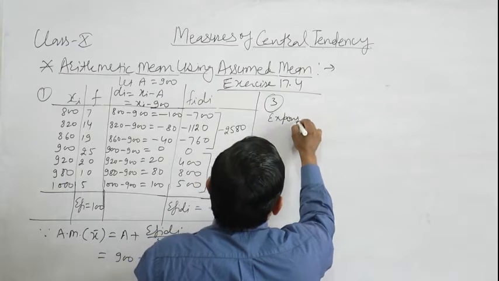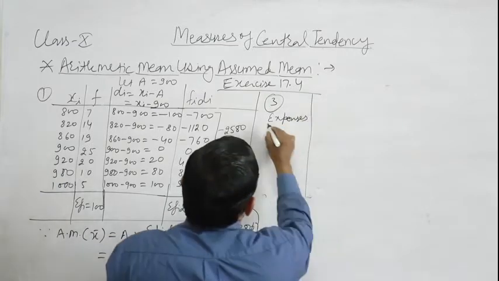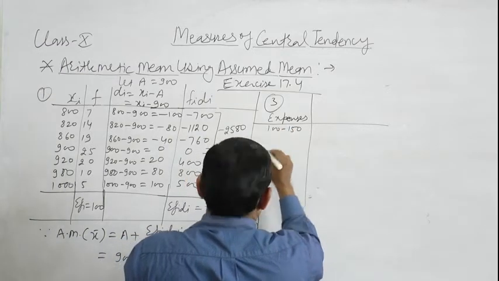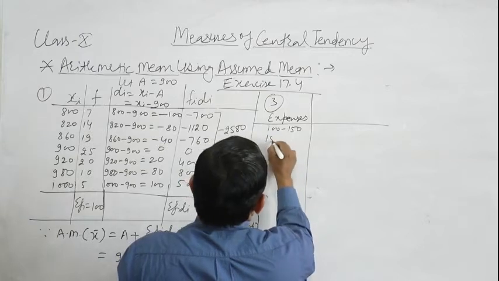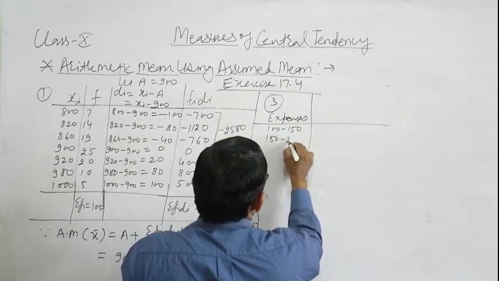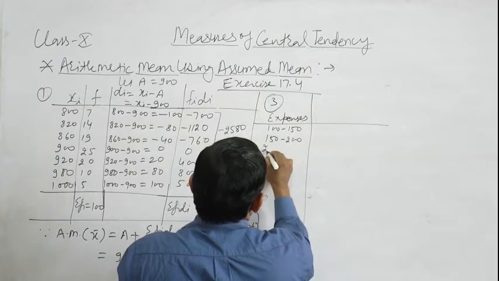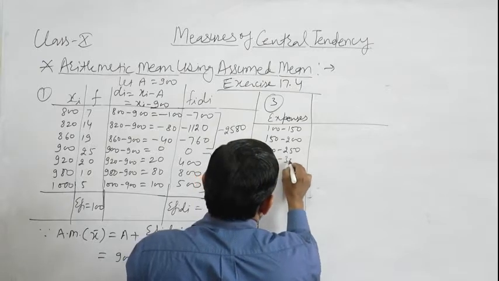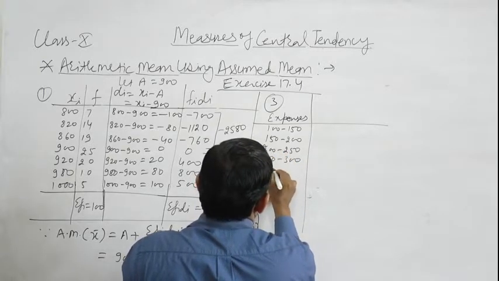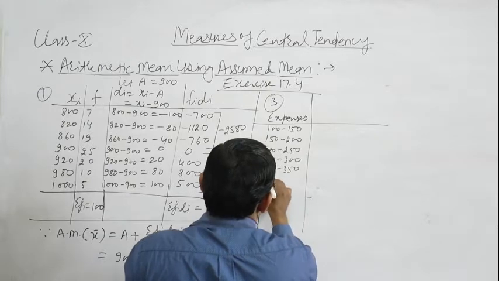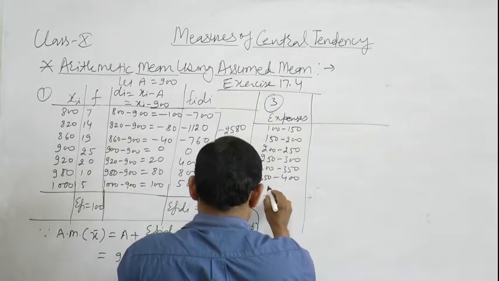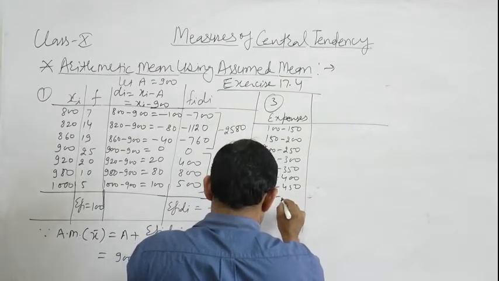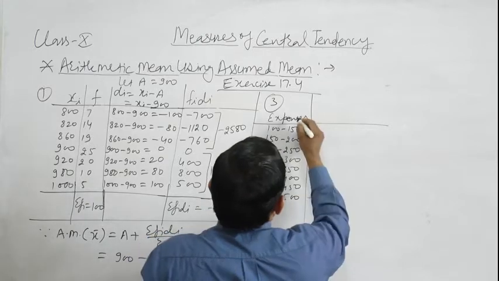Expenses are in the form of class intervals: 100 to 150, then 150 to 200, then 200 to 250, 250 to 300, 300 to 350, 350 to 400, 400 to 450, 450 to 500.